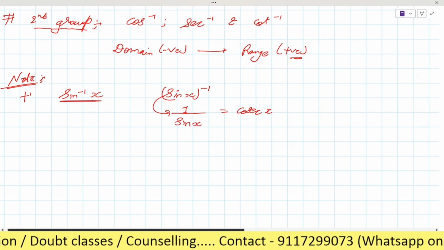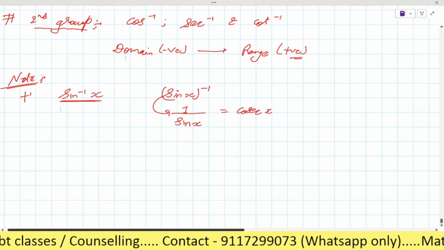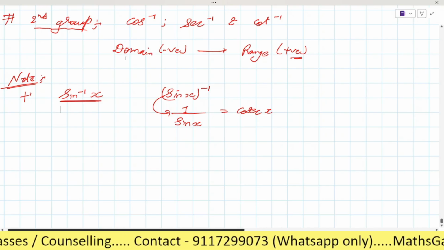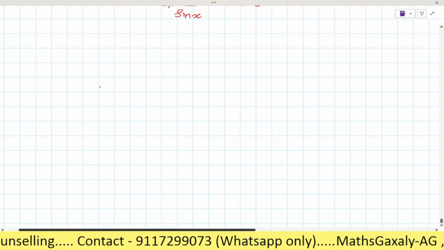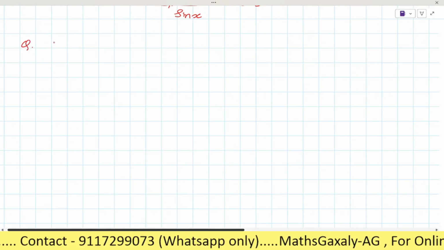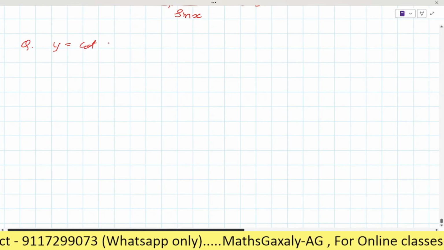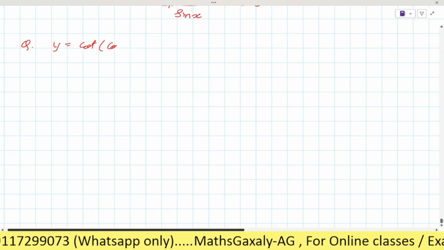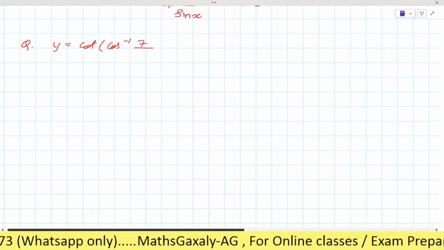So before starting the exercise, we will do a question here. See here. The question is y is equal to cot cos inverse 7 by 25. Can you solve it?